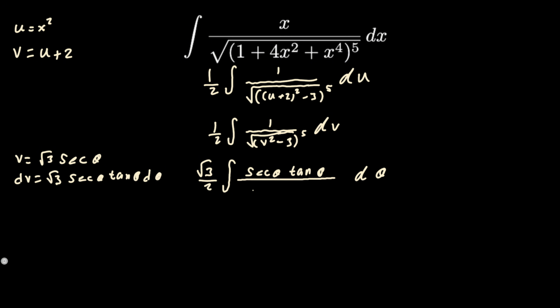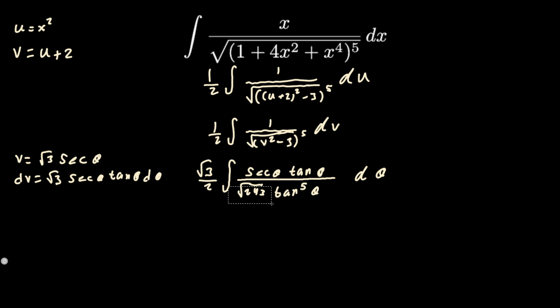And the bottom, let's just simplify that. So we have 3, right? So root 3 to the 5 times secant squared theta minus 1, which becomes tangent squared, and then which becomes just tangent. And it's raised to the 5, so it's tan 5 theta. So we are going to have root 3 to the 5, which is 243. And this will be tan to the 5 theta.